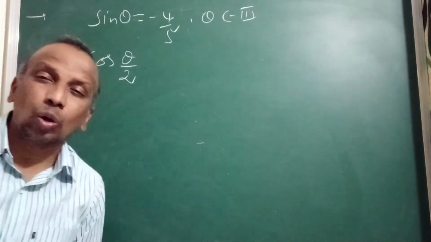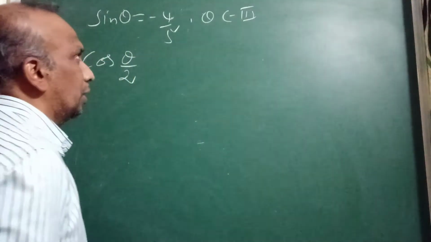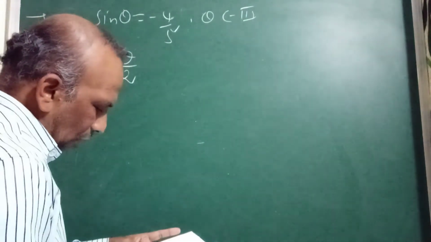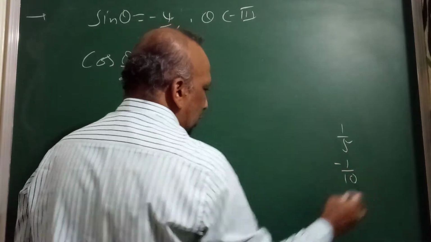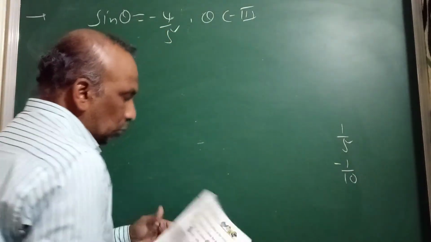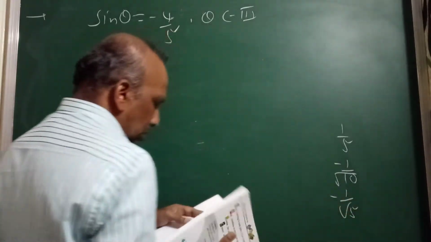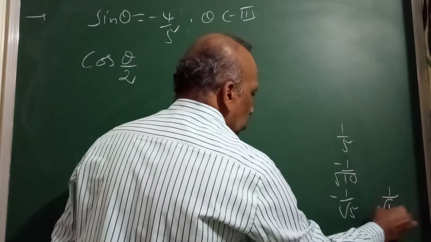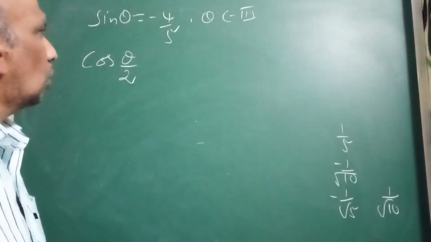When they are asking cos theta by 2, you can remember we have one formula here that will remind you. The options given are 1 by 5, minus 1 by 5, minus 1 by root 10, 1 by root 10, minus 1 by root 5, 1 by root 5.